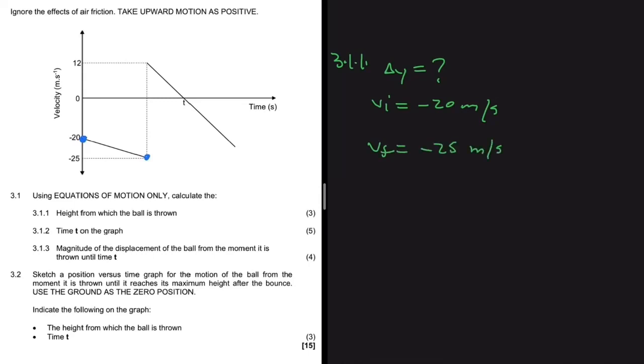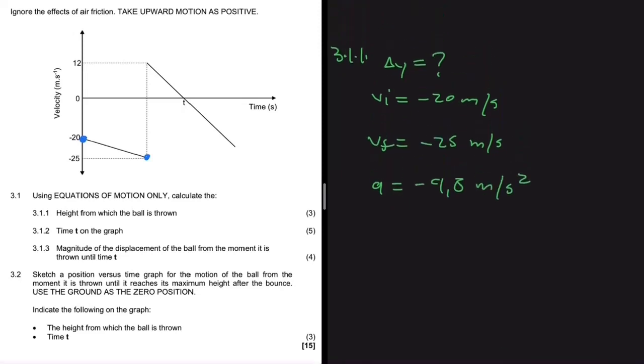We know acceleration is always constant. If we take upward as positive, then our acceleration is minus 9.8 meters per second squared. So we have VI, VF, and acceleration, and we need delta y. Which equation of motion has these four variables?